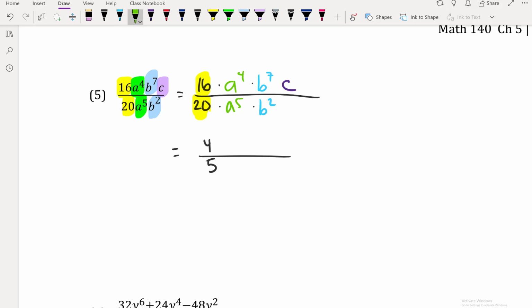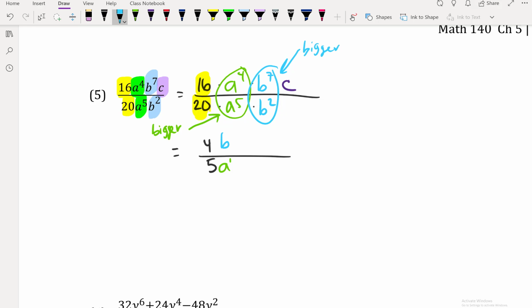Now, if I'm dealing with my A's, which one is bigger? What's bigger is the denominator. So now I'm going to do the subtraction. 5 minus 4 gives me 1. Now I'm going to deal with my B's. Well, the numerator is bigger.